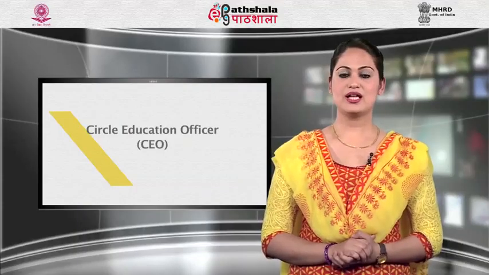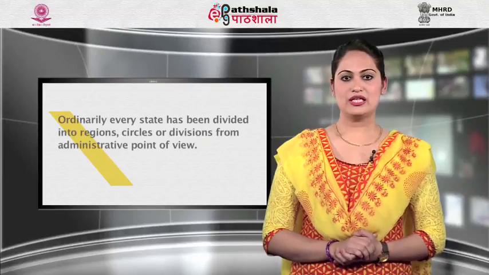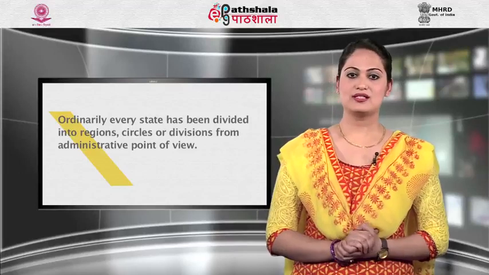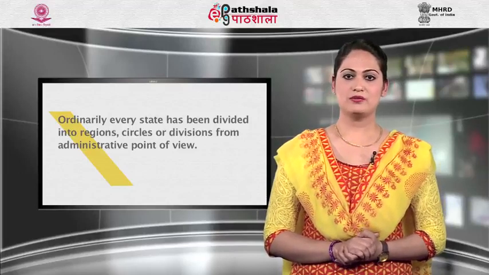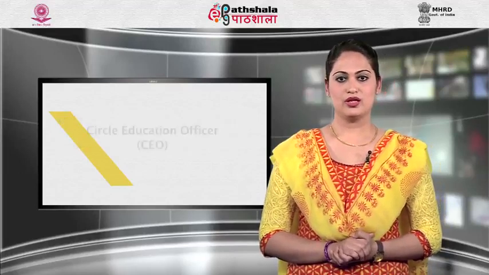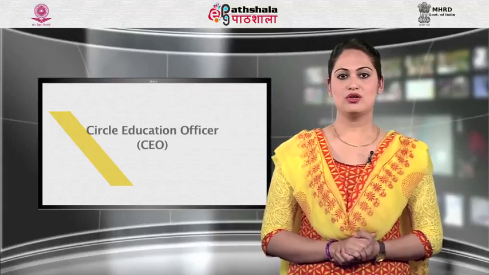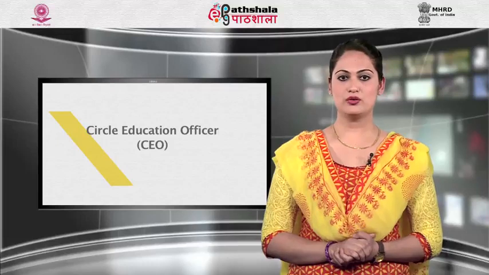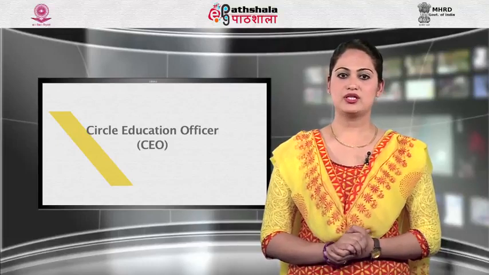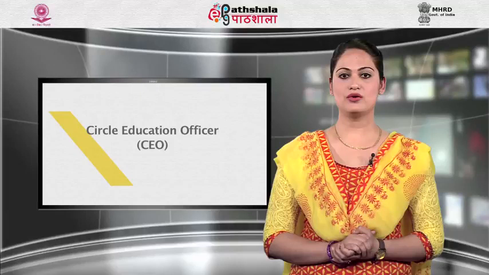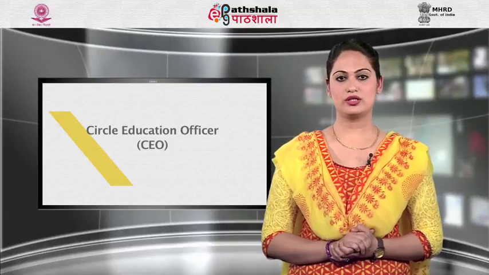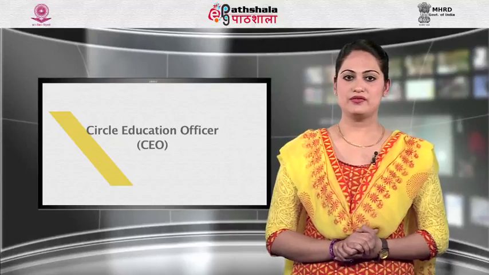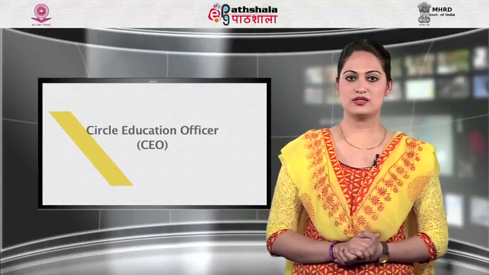Then comes the Circle Education Officer. Ordinarily, every state has been divided into regions, circles or divisions from an administrative point of view. The organization of education on a regional and circle basis has been made in order to establish administrative coordination in the functioning of district education authorities belonging to a particular region or circle and for efficient disposal of official business.